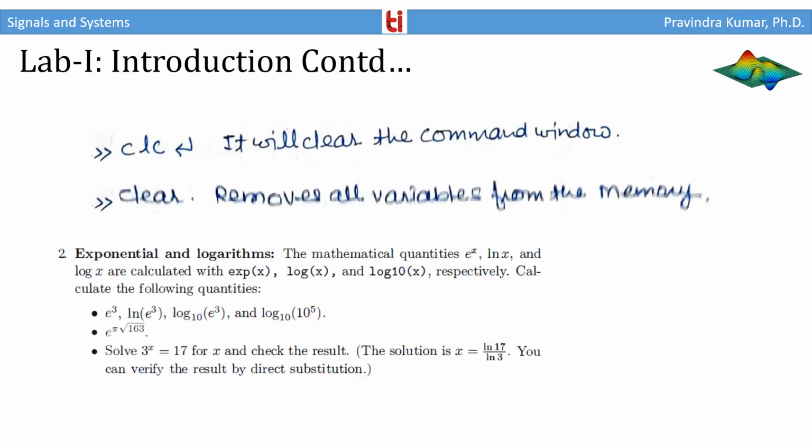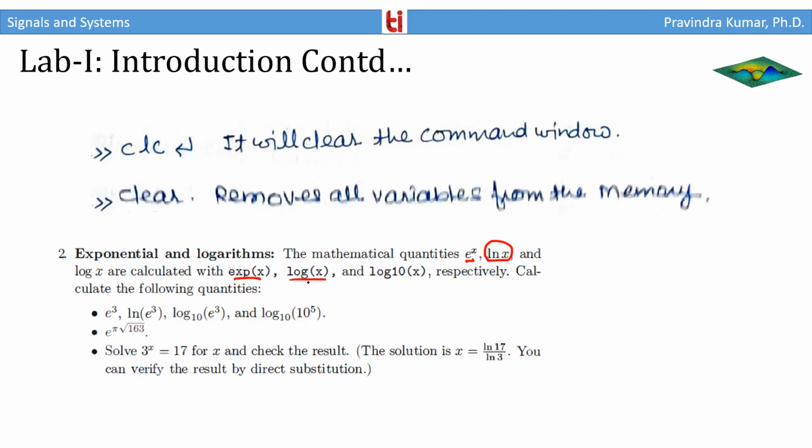And now the exponential and logarithmics. So here e to the power 3, you can see e to the power x. In MATLAB, you can write exp x, and natural log x, you can simply write log x.